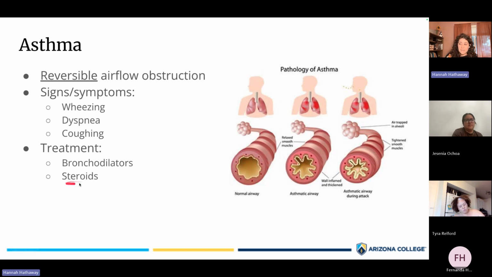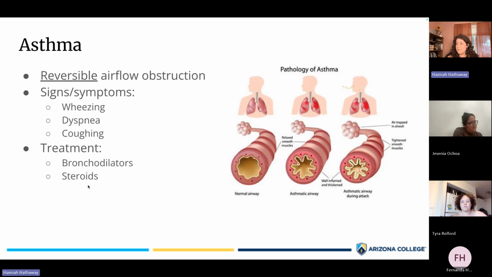Some patients who have asthma may also be on inhaled steroids, which calm down the inflammation overall, and those are kind of a preventative step. But if someone is currently having an asthma attack, usually the inhaler has a bronchodilator in it as opposed to a steroid, because bronchodilators are faster acting.